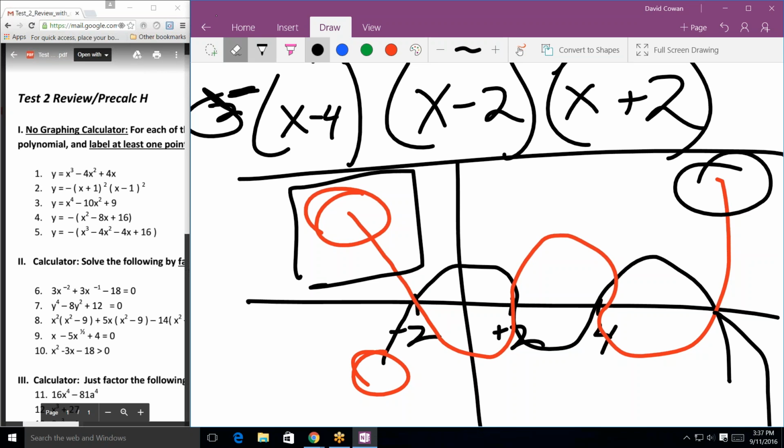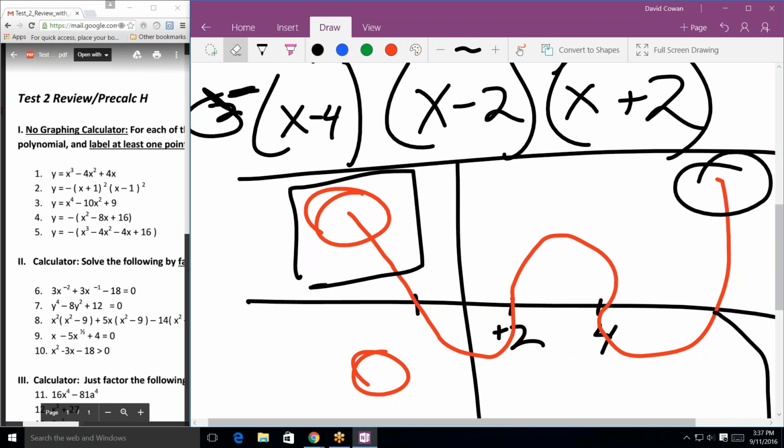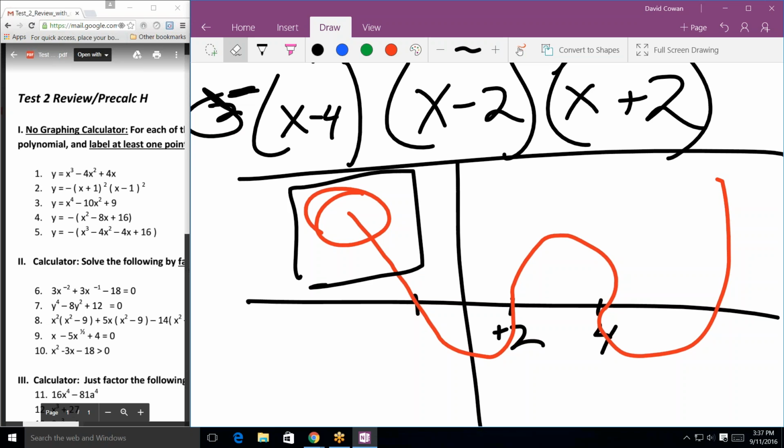And this is the correct curve, the orange curve. In other words, the end behavior fits when x goes to negative infinity, and the end behavior fits when x goes to positive infinity.